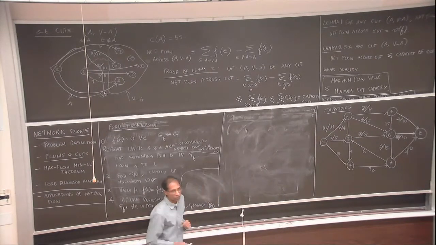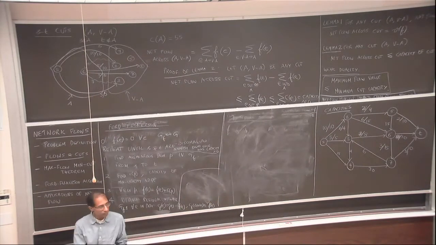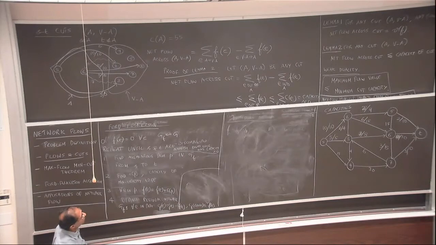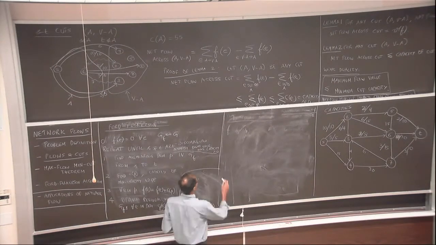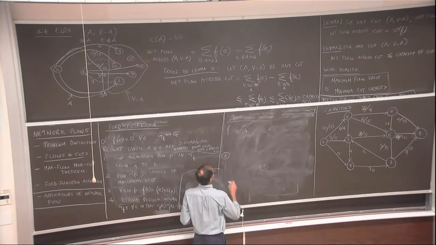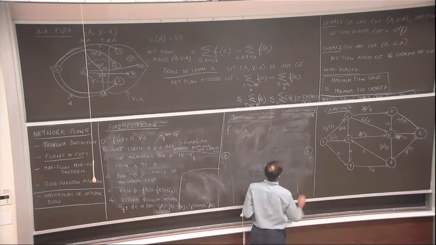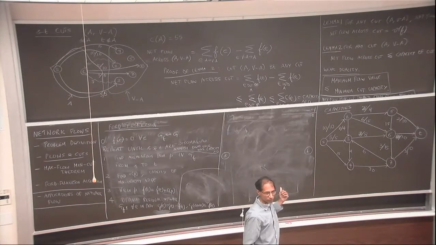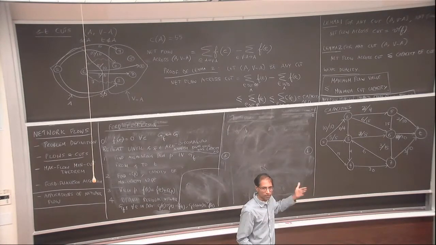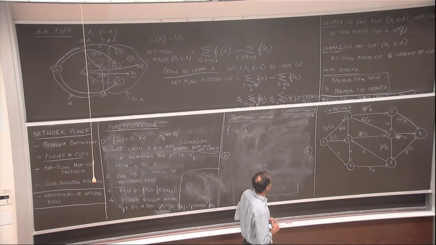Okay, so let's look at this graph. You have S here and T here. So let's draw the residual network for this, and then we will try to add an augmenting path, and we'll maybe do it a couple more times.